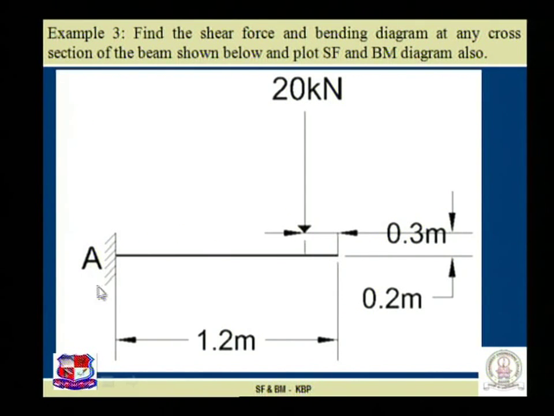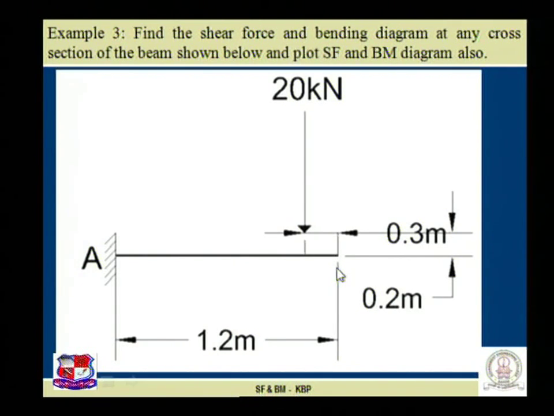This is the beam given to us. So our first step is to simplify the beam and apply this point load on the beam itself instead of on the bracket connection.